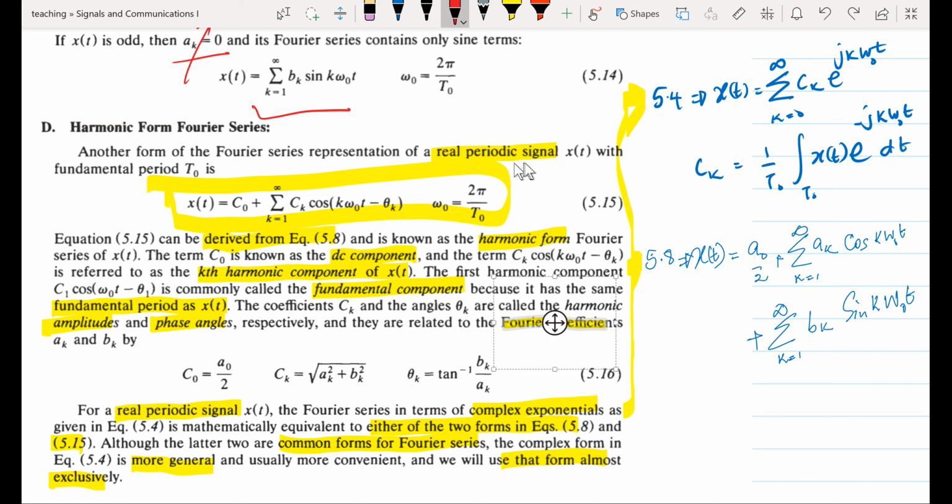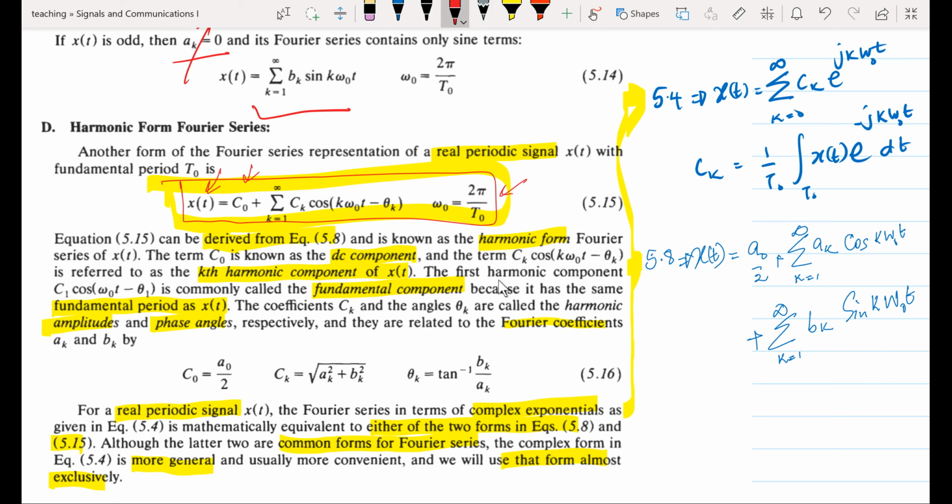The harmonic form may be expressed as in equation 5.15, which states that a real periodic signal x(t) may be expressed as a constant C naught and a summation of Ck cos(k omega naught t minus theta k), and the omega naught remains the same value of 2 pi over T naught.